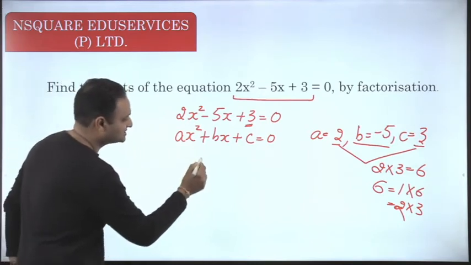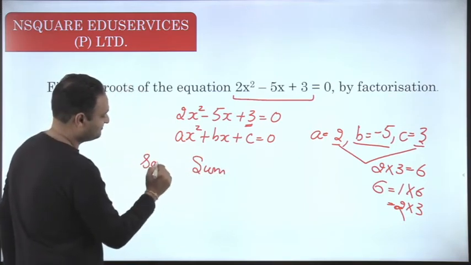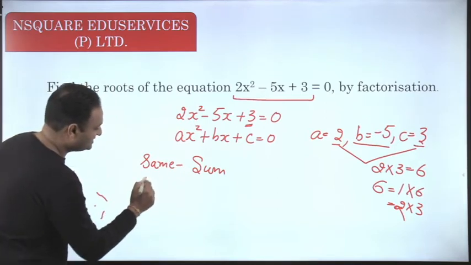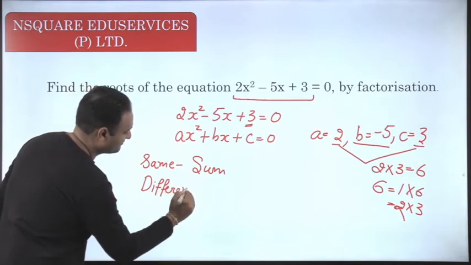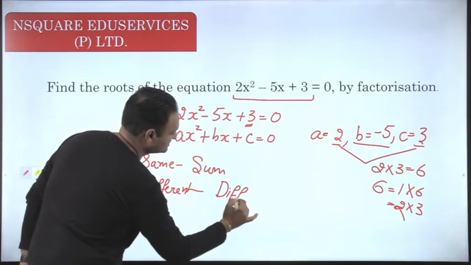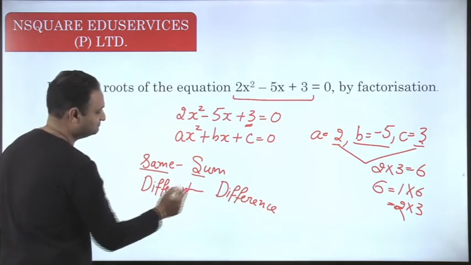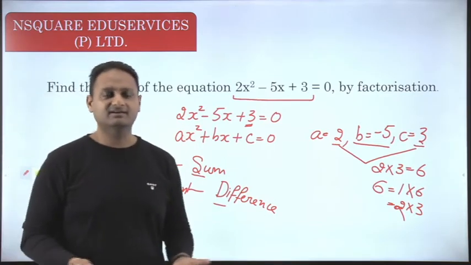So friends, when the sign is same, we consider sum, and when the sign is different, we consider difference. Simple. Same, sum; different, difference. Clear? I hope it is very clear.